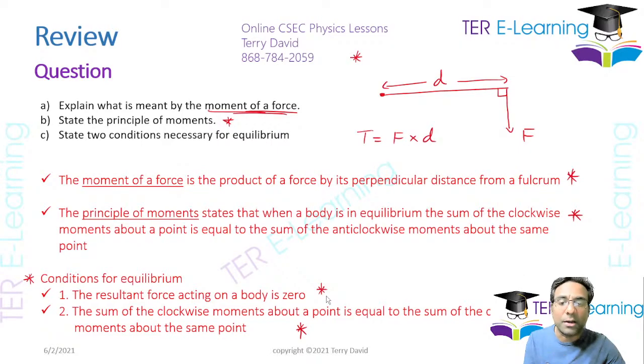The sum of the clockwise moments about a point is equal to the sum of the anti-clockwise moments about the same point. So if you do get a question on moments, these are the things that you need to know. This is simply what we call a recall, meaning that this is all it can ask you when it comes to the definition. So you just need to learn this off.